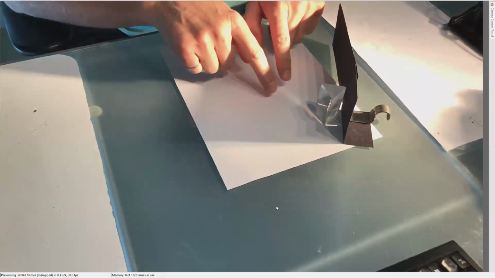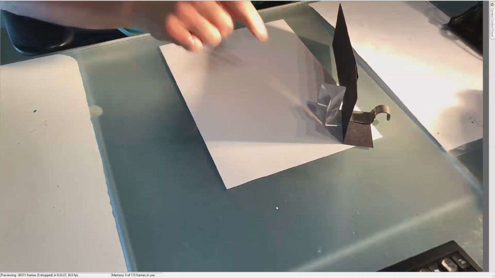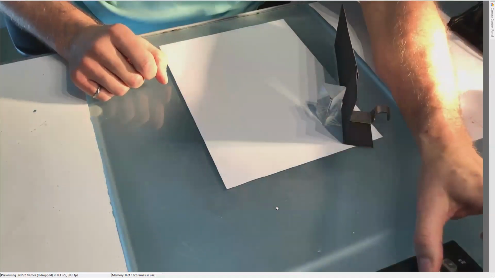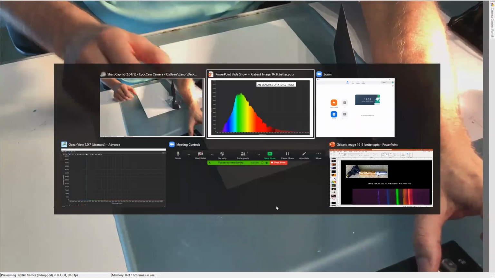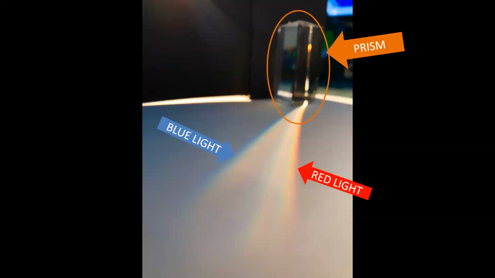Not much better, but you can see a little bit of blue and red. And let me show you a picture that I took earlier on today to show exactly what we're talking about. So the prism is here at the top, and the dispersed light shows the red on one side and blue on the other side. So this is what Newton did.